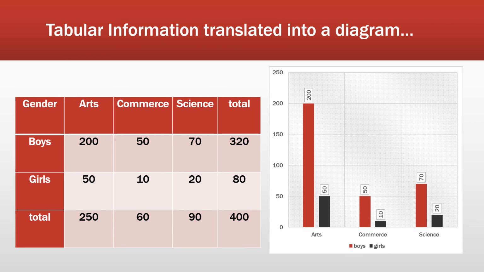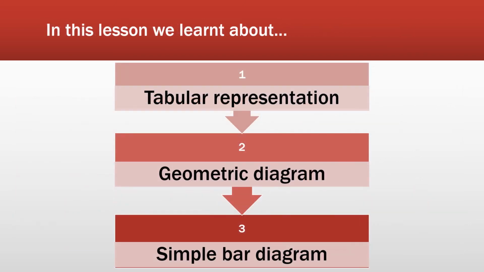In the video that will come next, in the following lectures, we will deal with multiple bar diagrams and component bar diagrams in detail. So in this lesson, we learned about tabular representation. Under geometric diagrams, we learned about the simple bar diagram.